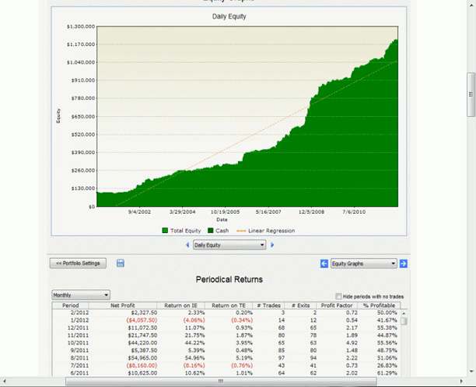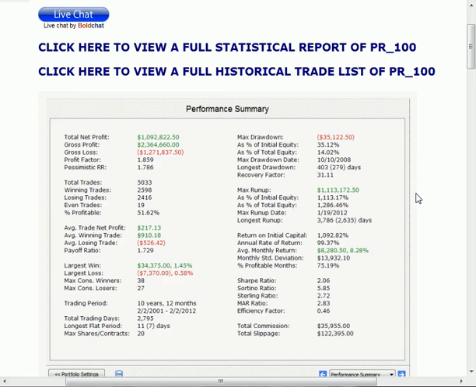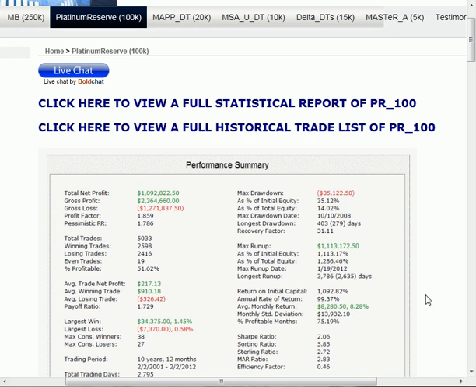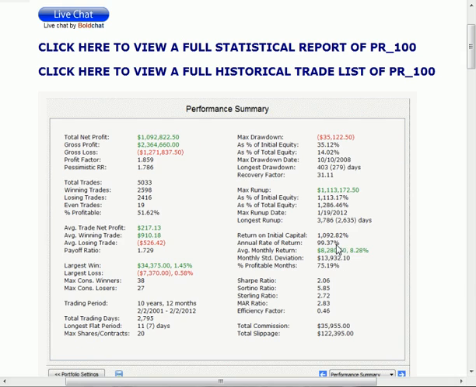and we're looking at our Platinum Reserve 100. That's a few of the models that we were just looking at, all those green dots. That's a few of the models. It's a $100,000 portfolio, $35,000 maximum drawdown. That's 35% of the initial equity. As a percentage of the total equity, as the portfolio grows, the maximum drawdown was just 14% of the total equity.